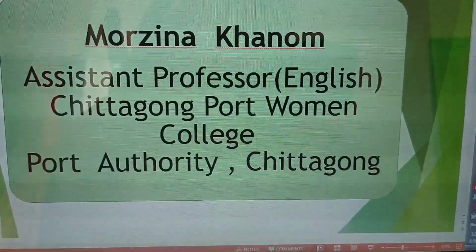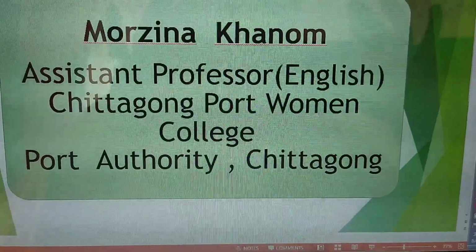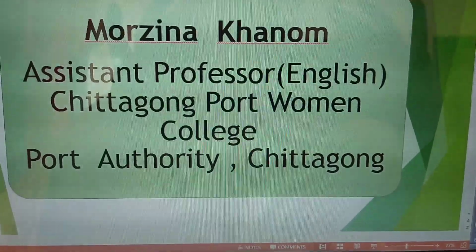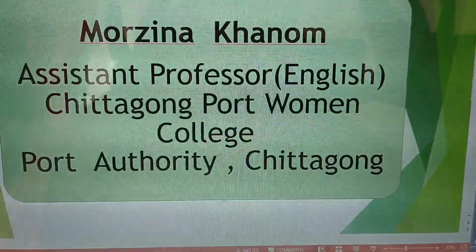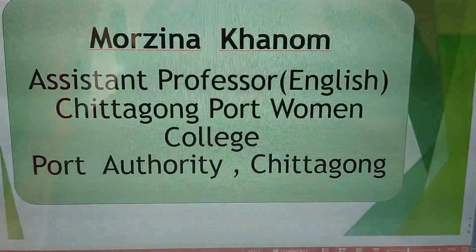Today I am here with past simple tense. Past simple tense is one of the elementary past tenses in the English language. I am going to show you how to form a past simple tense and when to use a past simple tense.